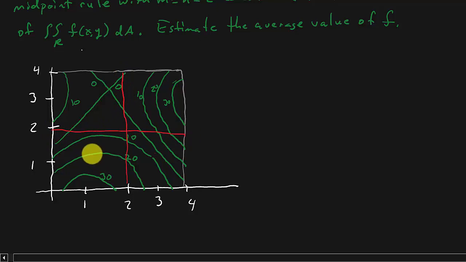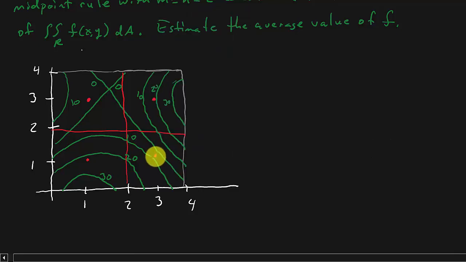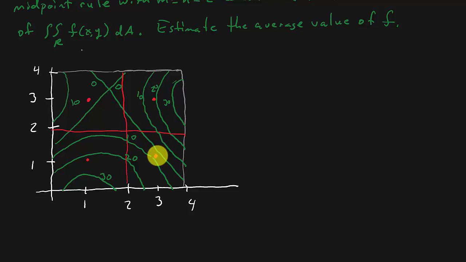So the midpoint is about right there, and then the midpoint's about right there, and then a midpoint about right there. So I'm guessing at these midpoints. And then we'll say we got another one right here. Because it told us to use midpoints, right? That's what it told us.